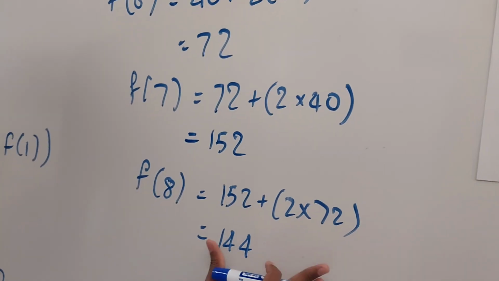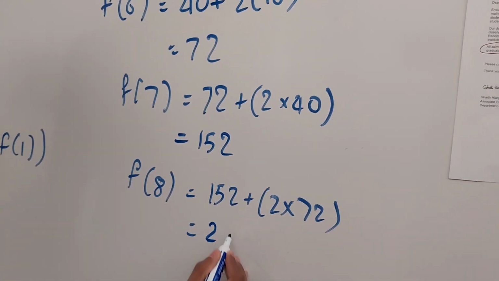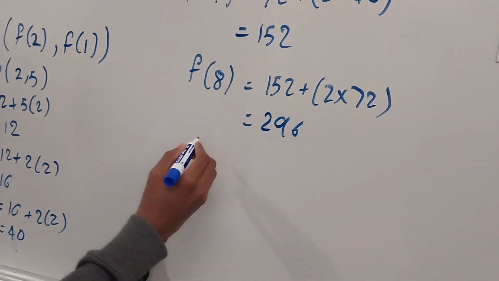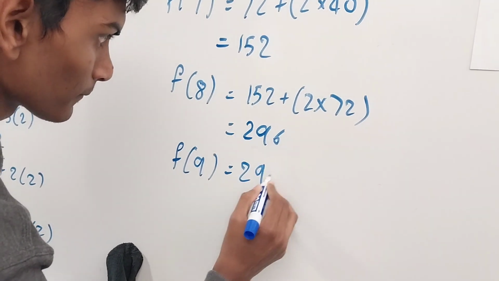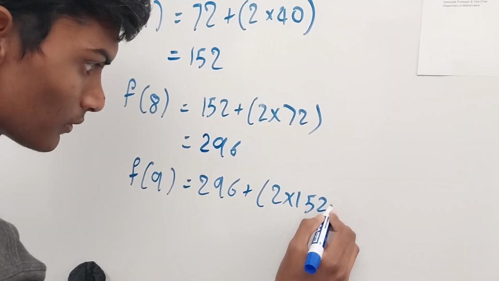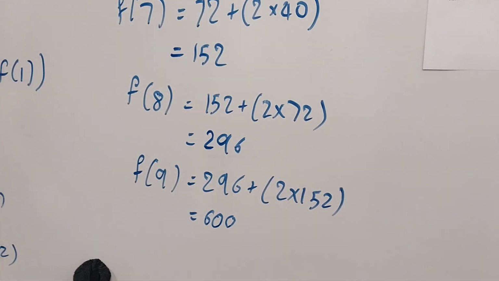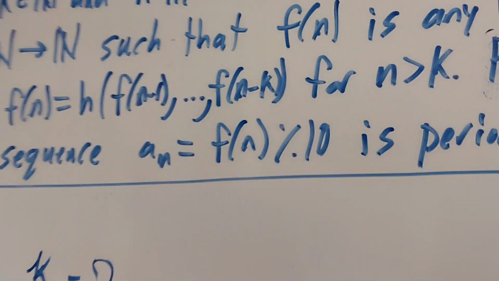Sorry, so 152 plus 144. I get 296. Yeah, I think actually we needed one more, don't we? F of 9. We picked this example ahead of time because it comes out very nicely. 296 plus 2 copies of 152. That winds up being 600. Great. So now, this is the ultimate question.